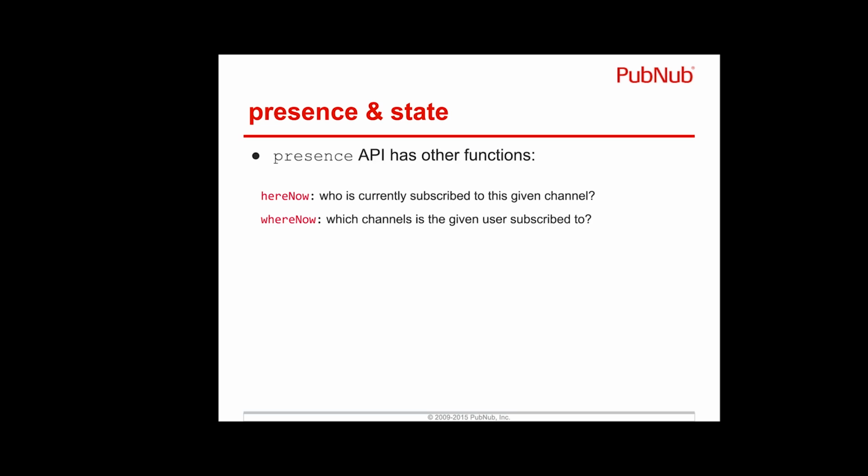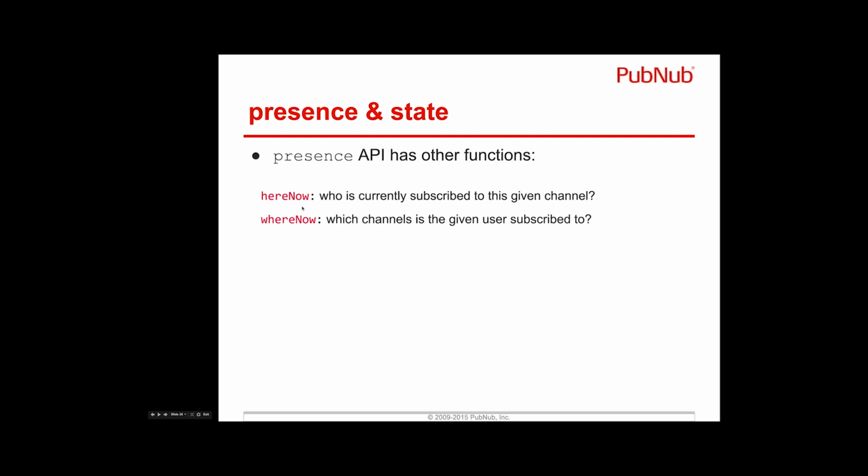Here now and where now, these are two calls that you can also use to retrieve user information on a given channel. Here now will give you a list of the users currently subscribed on a channel. Where now will take a UUID. If you knew a particular user, if you were looking for which channels I was subscribed to, for example, you could pass my user ID to where now, and that will give you a list of the channels that I'm actually subscribed to.